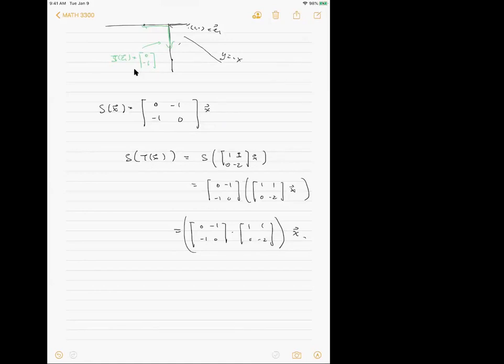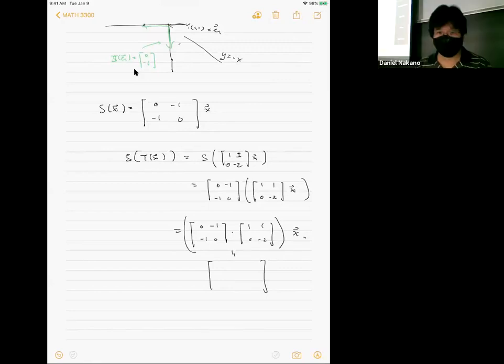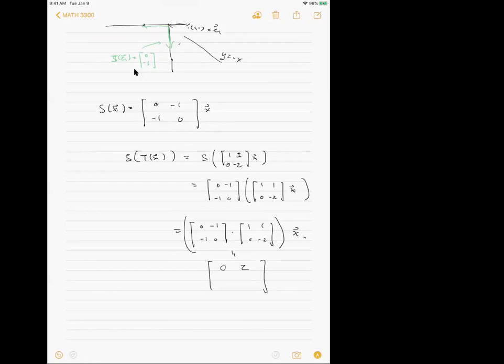I didn't leave it written out like this. Is there a way to condense? You just multiply these two together, right? Okay. So what's the answer? It's going to be 0 here, and then you're going to have a 2, I believe, and then -1 and -1. Okay, thank you.